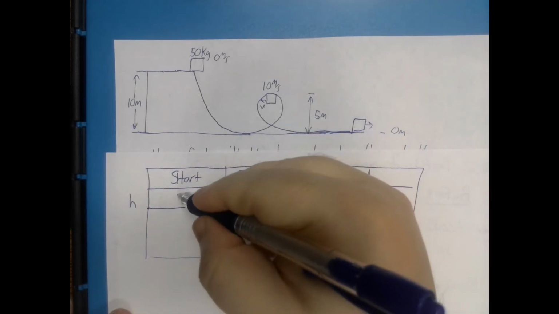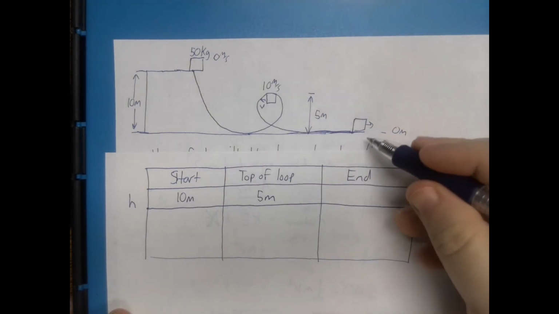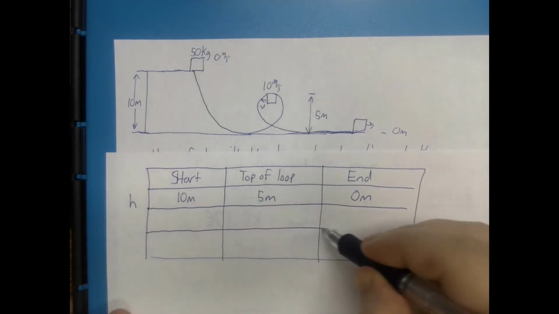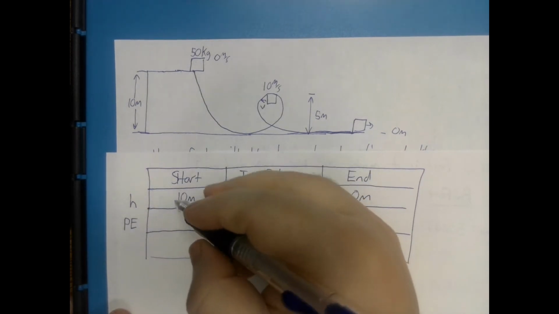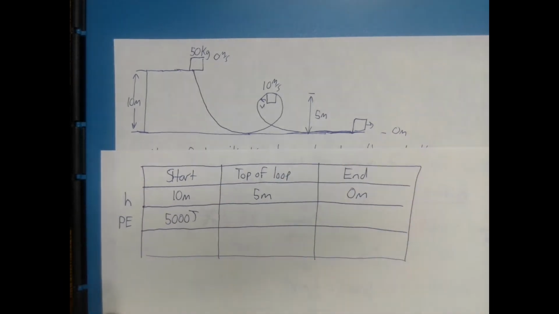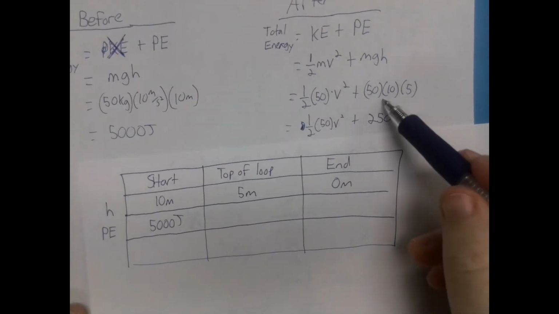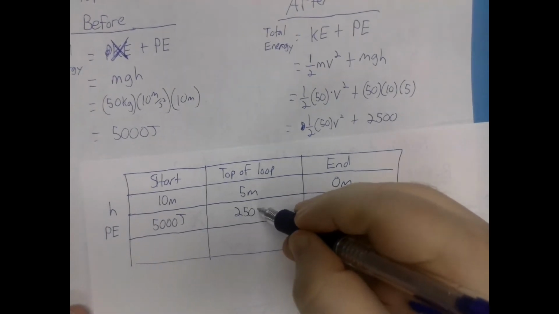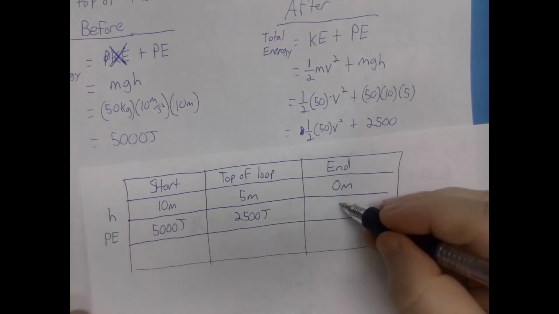So it starts here at 10 meters. Here it's at 5 meters. Here it is at 0 meters. We can calculate potential energy from this. It's mgh. And we saw that the potential energy is 5,000 joules. Here we calculated that the potential energy is 2,500 joules. And at the end, 0.